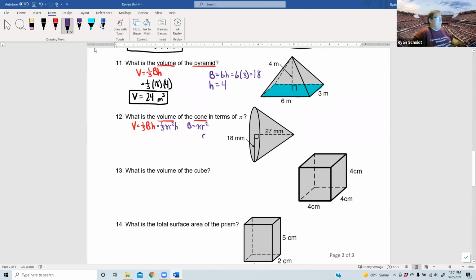What's our radius? The radius is 18. The height is 27. So I can plug in now. I can do 1/3 pi times 18 squared times 27.